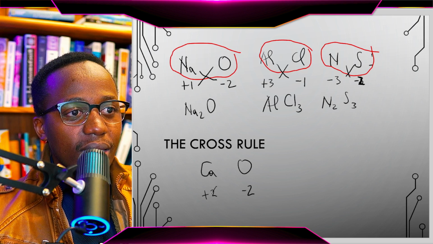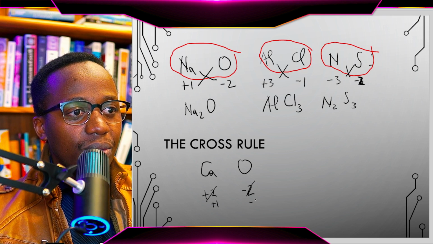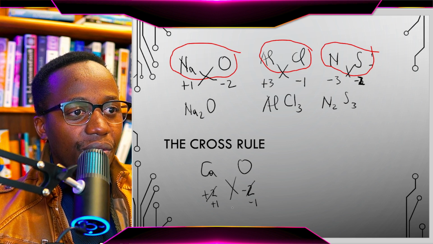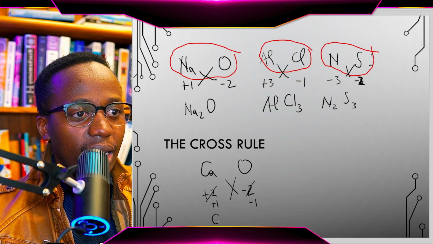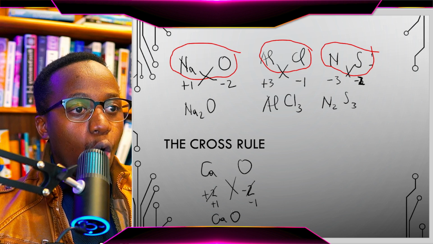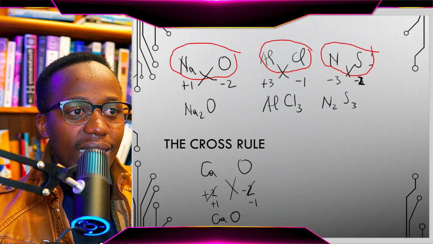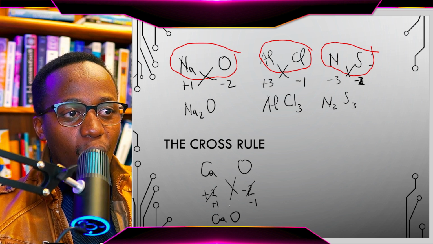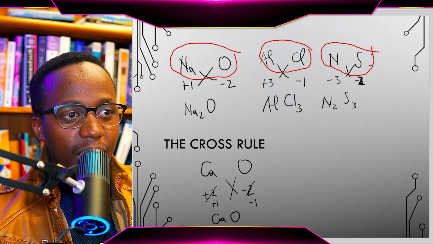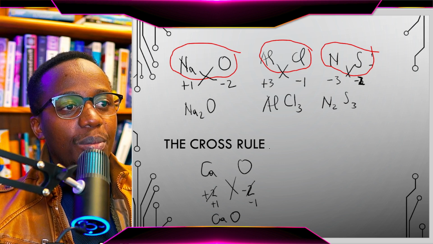So this one is pretty much +1 and -1. So the formula between calcium and oxygen is CaO. Right? It's not Ca2O2, it's CaO. So you need to simplify when they can be simplified.